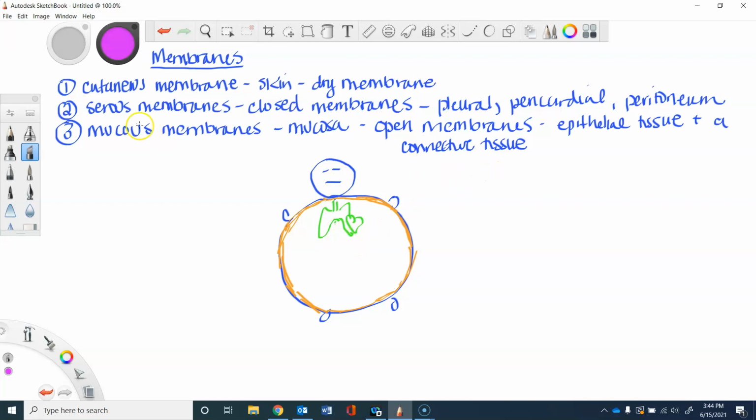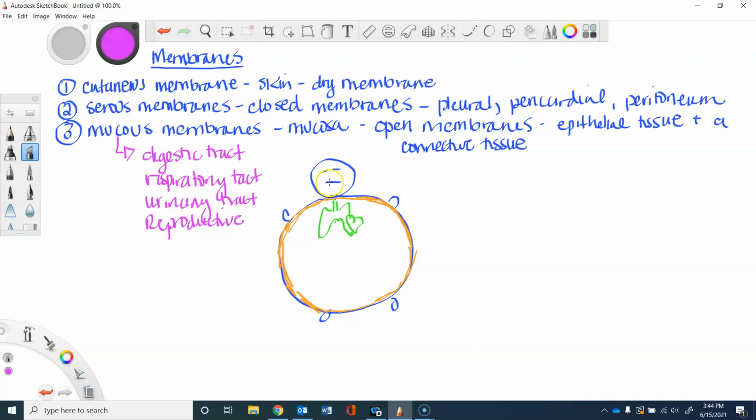So that's going to mean your digestive tube or tract, your respiratory tract, your urinary tract, and the reproductive tract.